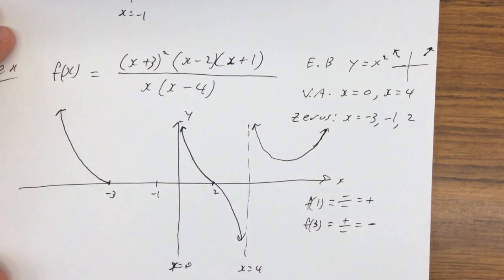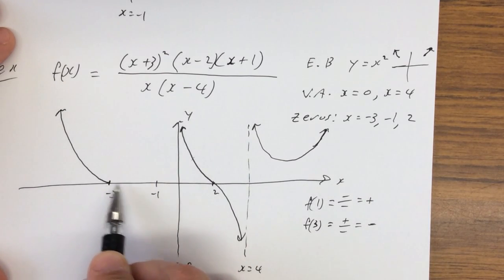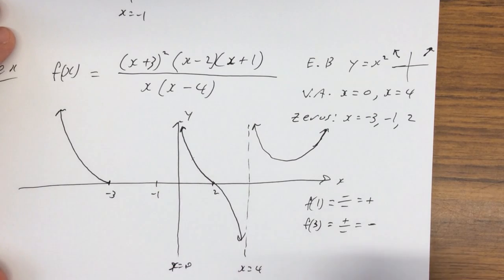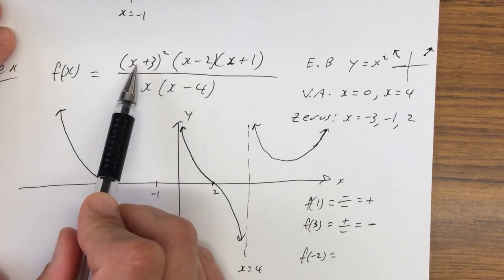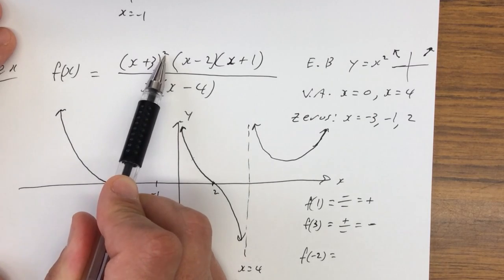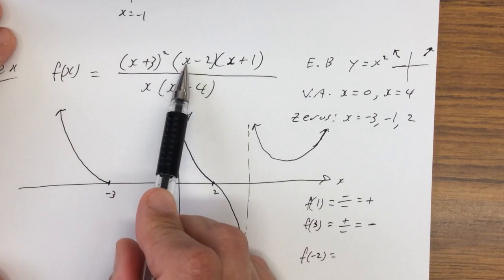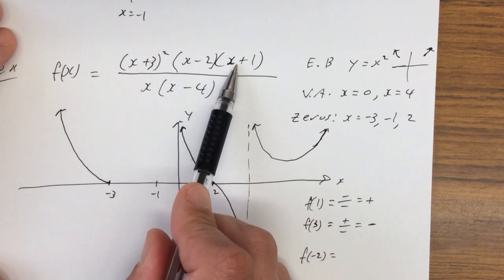Okay. Now, let's check out some numbers over here. Let's see if it actually pops back up between negative 3 and negative 1 by checking out f of negative 2. Okay, so f of negative 2, well, we want to see whether it's positive or negative here. So negative 2 in here, well, that's going to be positive. It's always positive because it's squared. Negative 2 minus 2, that's negative. Negative 2 plus 1, that's negative.